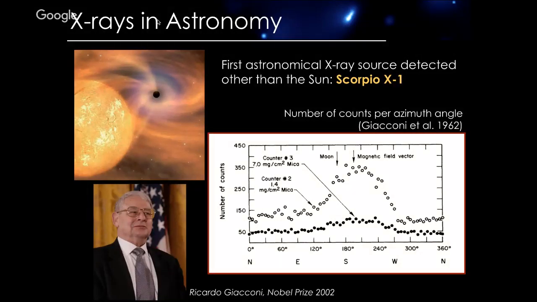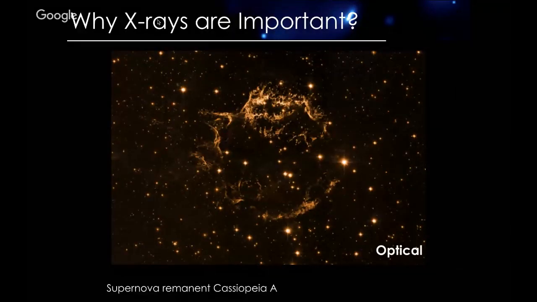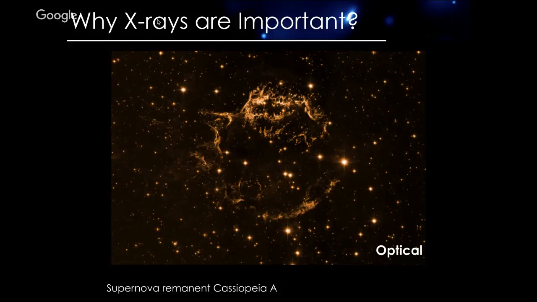We now know this is an actual binary system where there is a compact object, not a black hole, but a neutron star. So X-rays definitely open a whole new window to see a different kind of physical process.